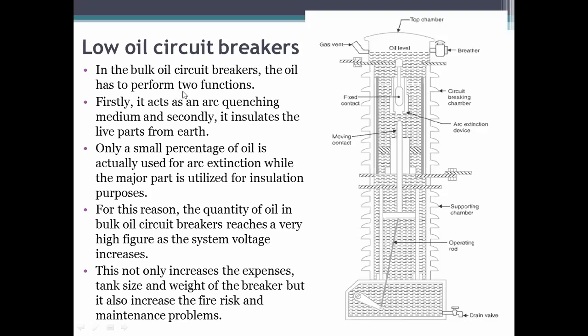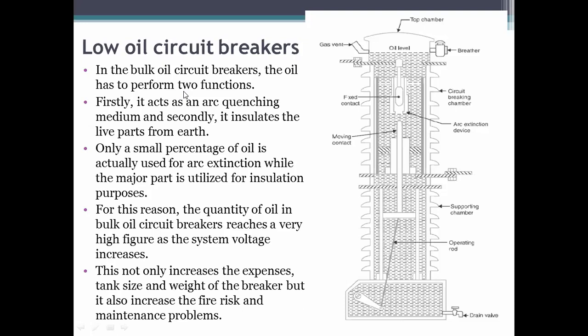So concentrate for this. This is low oil circuit breaker. So in bulk, sorry, or it is also called minimum oil circuit breaker. So in bulk oil circuit breakers, oil has to perform two functions. Okay, oil has to perform two functions. So which one? In bulk oil circuit breaker, oil was performing two functions.